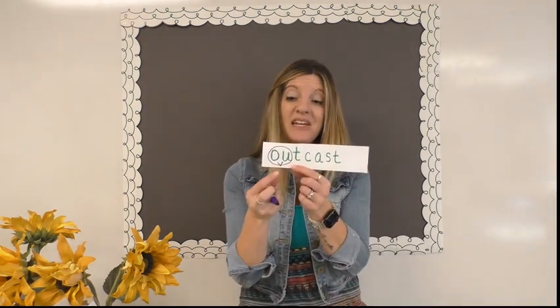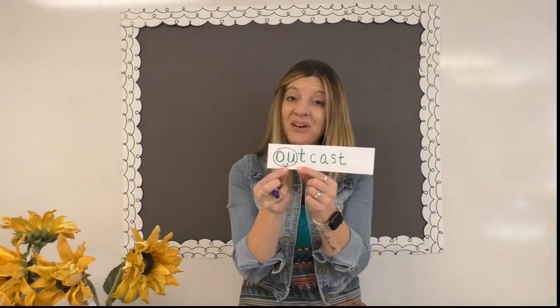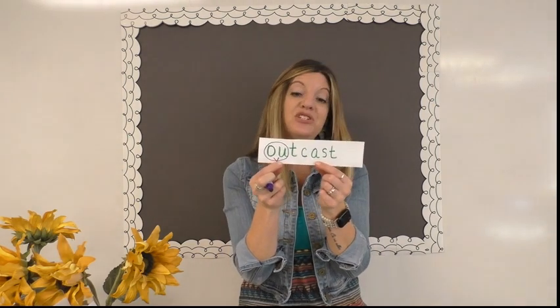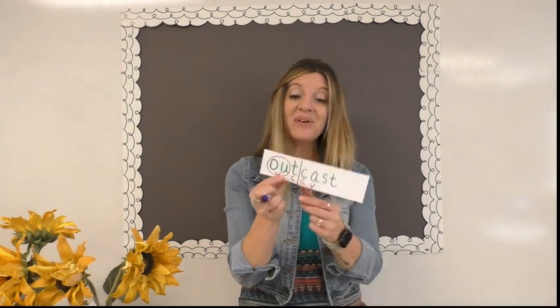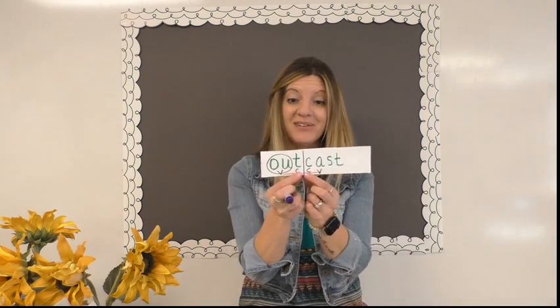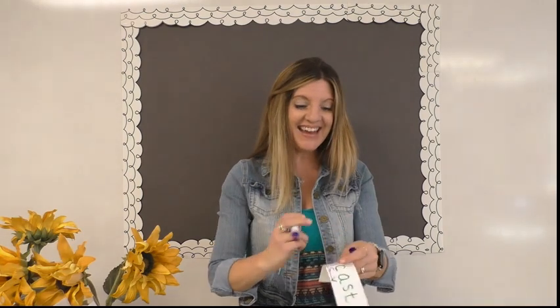Just like all the other vowel teams, I know that OU is just making one vowel sound. So I circle it and mark it with just one V. Then I look between and I have two consonants. I know when I have two consonants between the vowels, they slide and divide.